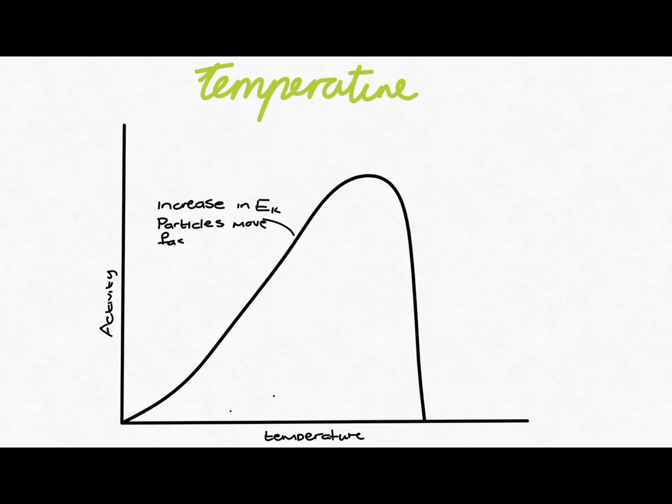But we do get to a point where we have the optimum temperature, and this is the temperature at which the activity is at its highest. Past this temperature, the activity decreases significantly.